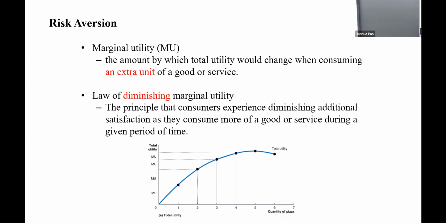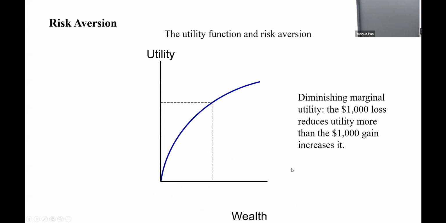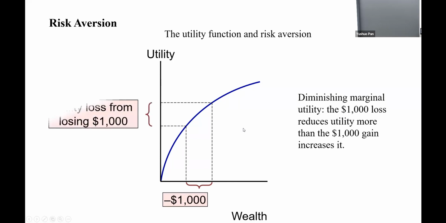Okay, if you understand diminishing marginal utility, that will explain risk aversion. Here, the utility function is a concave curve, right? Because of the diminishing marginal utility. For example, at the beginning my wealth is here, and that's my original utility.